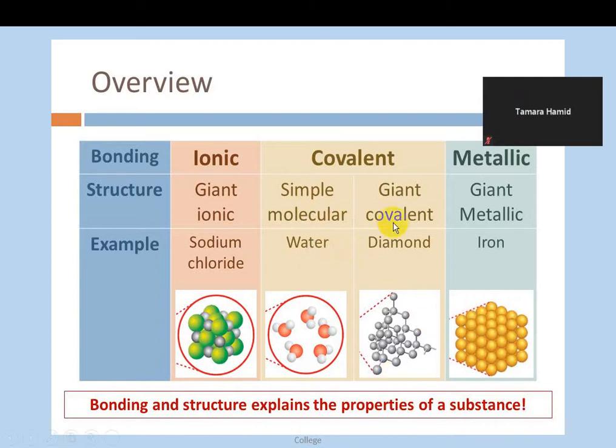In a giant covalent structure, the atoms are joined by covalent bonds, with a lot of atoms linked together. The giant metallic structure is formed between positive ions and negative charge.